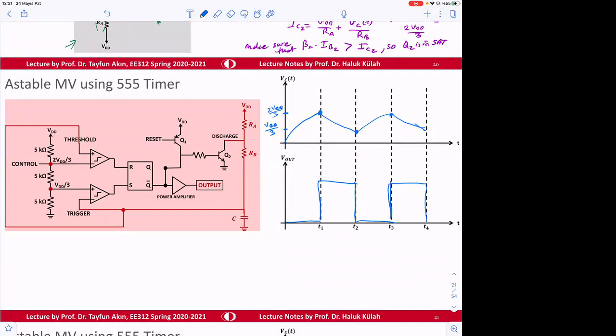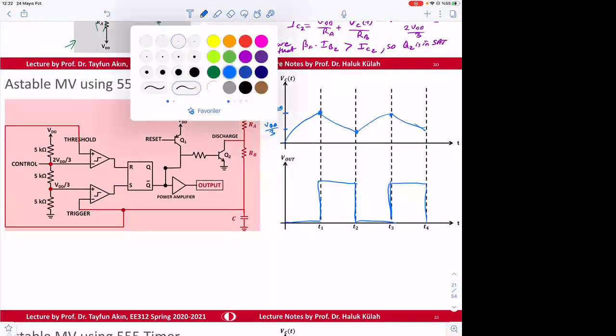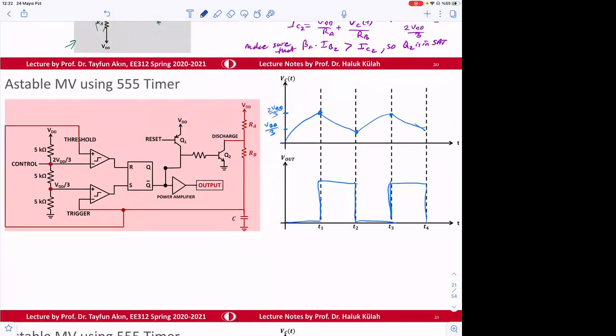And then the time constant wise, we know that here it's going to be tau1. This will be tau2, tau1, tau2. So this will be T1, T2, T3. And the period which will be repeating itself is going to be this.